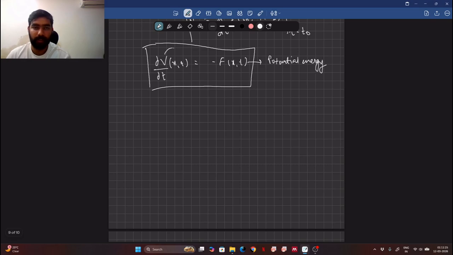This is the potential energy V of a particle in one dimension, a particle moving in a gravitational field.